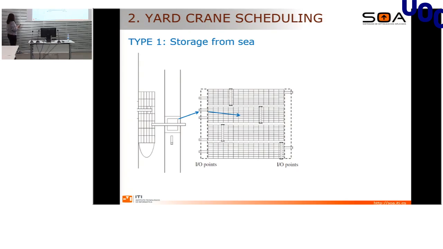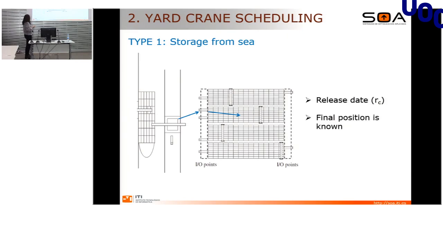And the crane moves to this point, and the container is stored inside the yard. In this case, we know our parameters are the release date of the container, so the container can't be stored if it didn't arrive yet.